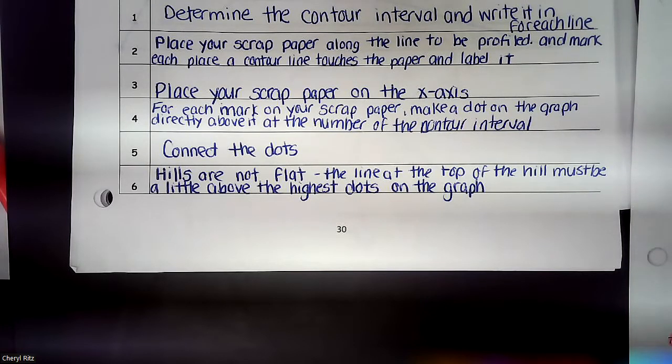How are you doing? Just do your work. So follow the steps on page 30 first.